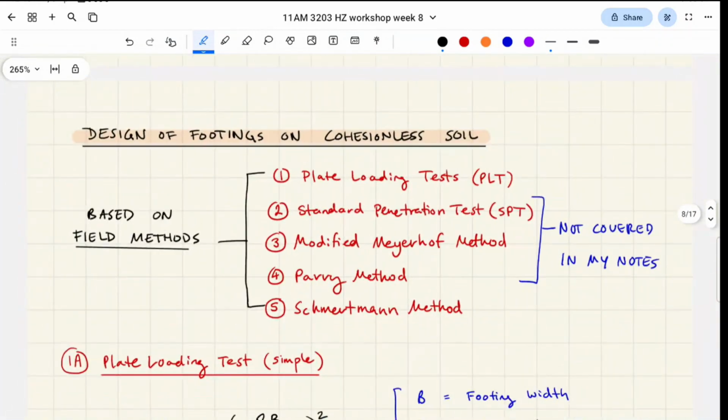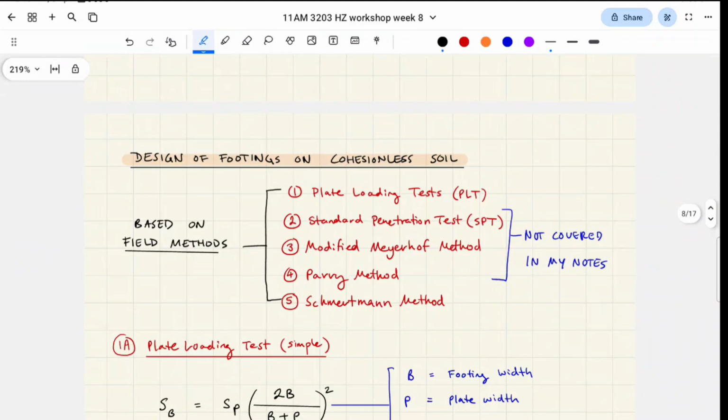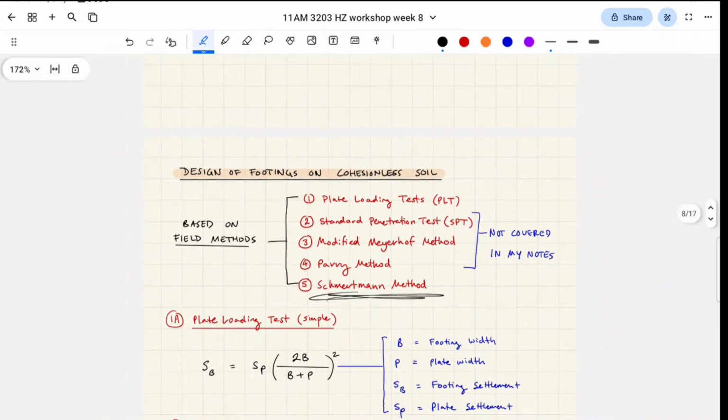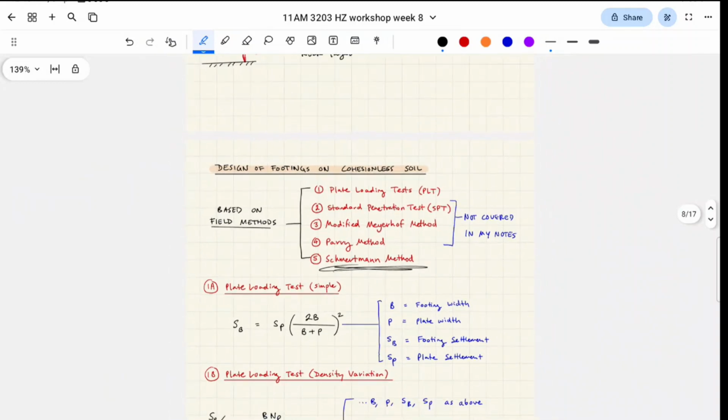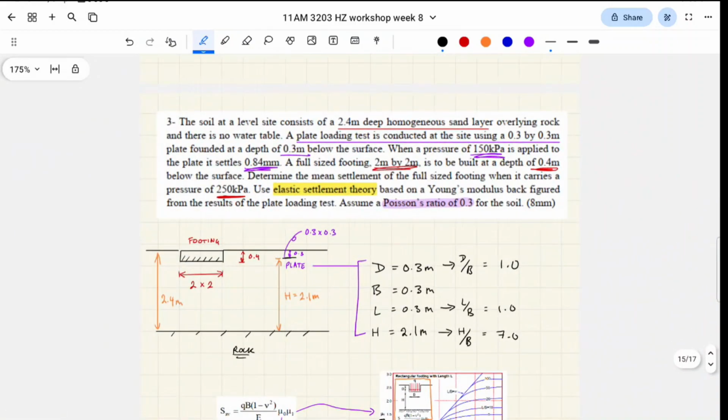There's a bunch of different field-based methods in the geotech notes, so if you want more detail on them, they're there, but we only really care about the Schmertmann method. These are applicable for cohesionless soils, in other words, for sand, and they're to do with plate loading tests and penetration tests. So it tells you the number of blows required for it to settle a certain amount. We're going to teach you the Schmertmann method.